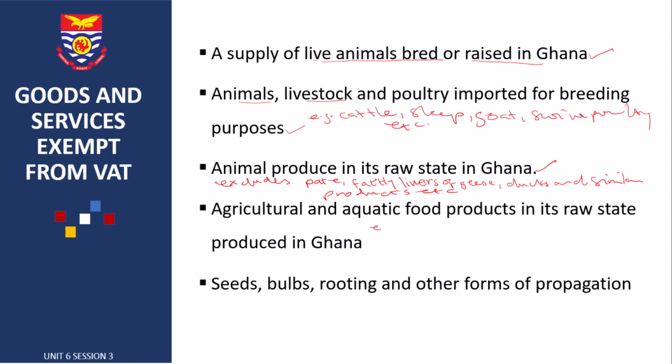So here we have some agricultural products such as vegetables, fruits, nuts, coffee, cocoa, shea butter, millet, etc. And for the aquatic food, we can have fish, among others. Then we have seed, bulbs, rooting, and other forms of propagation.